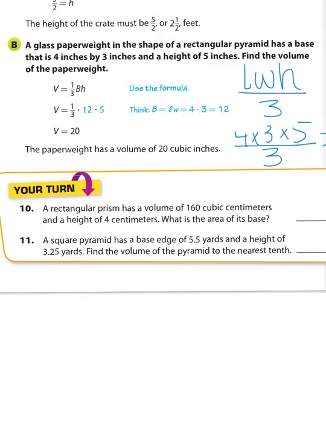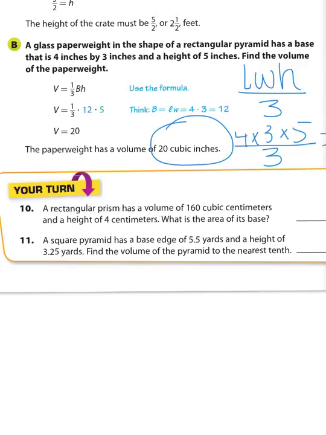So we have to multiply everything on the top first. 4 times 3 is 12, and 12 times 5 is 60, and 60 divided by 3 is 20. So 20 cubic inches is the volume of the paperweight. So just remember, length times width times height, do all those together, and then divide by 3.